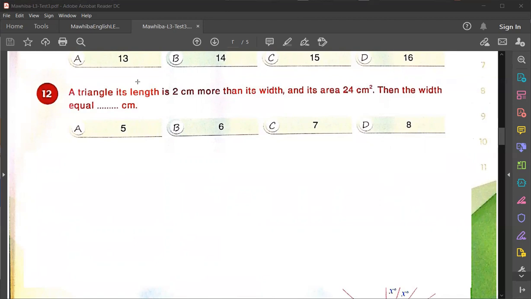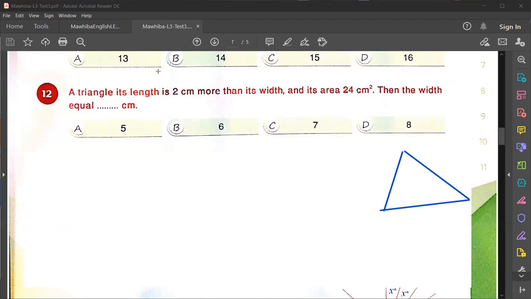We have a triangle like this. He said a triangle, its length is 2 centimeters more than its width.